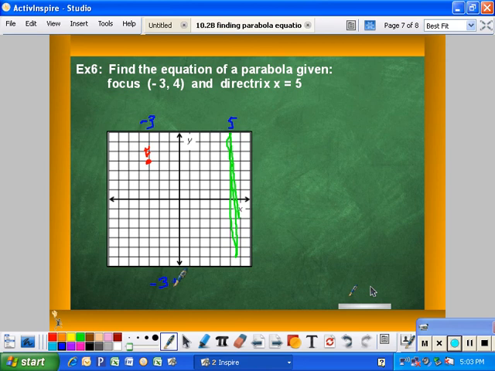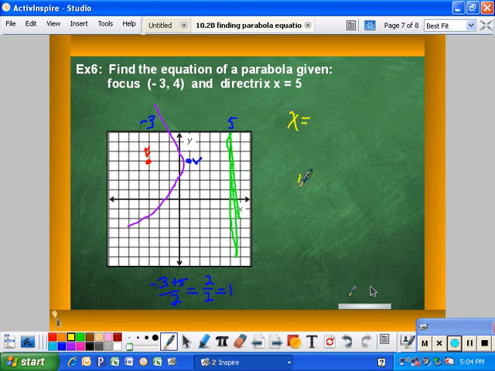So -3 plus 5 cut in half would equal 2/2, and it looks like the vertex is going to sit on that 1 right here. There's your vertex. All right, so which way is this going to open? It's definitely going to open to the left, and so that's going to be an x equals, right? X equals.